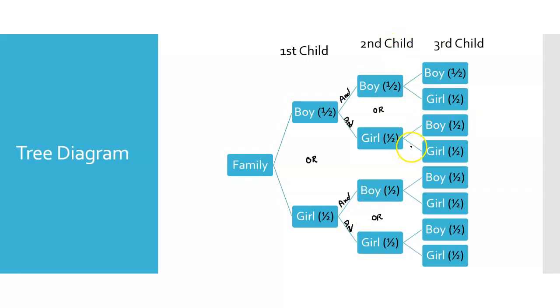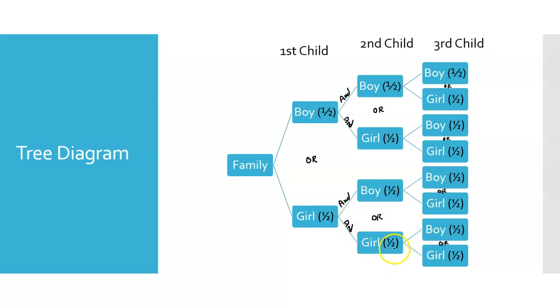Now when we get on to our third child, again, if we had a boy as our second child, we could either have a boy or a girl. These are again ors. If we had a girl for our second child after having a boy, again, we could have either a boy or a girl. If we had a boy after having a girl, we could either have a boy or a girl. And lastly, if we had a girl first, another girl, we could either have a boy or a girl.